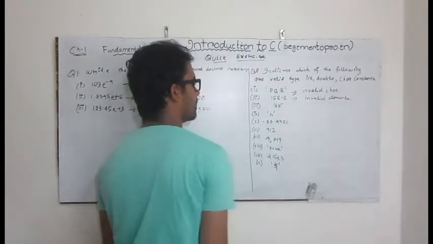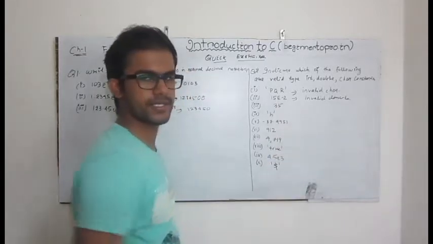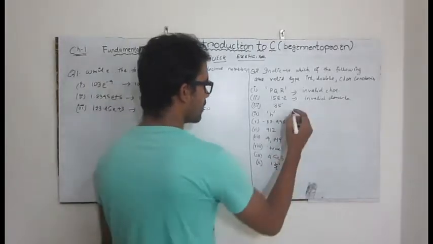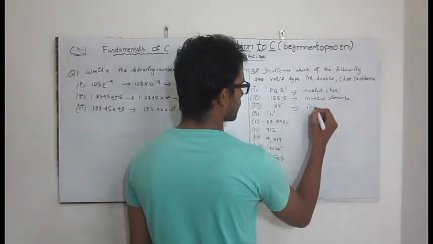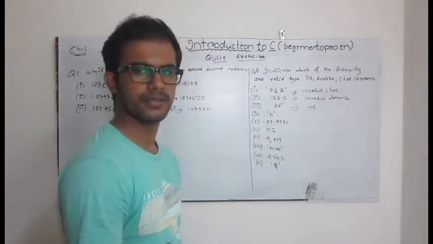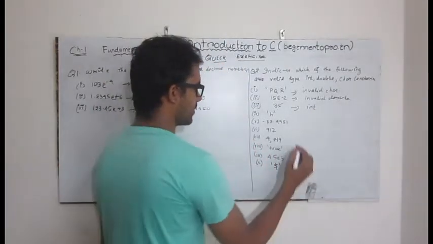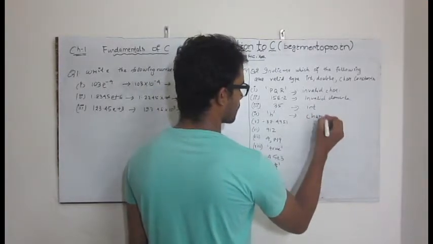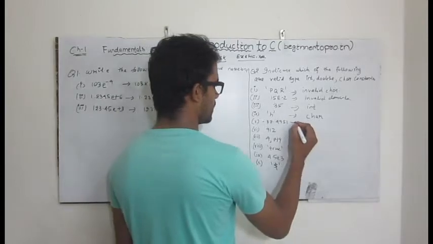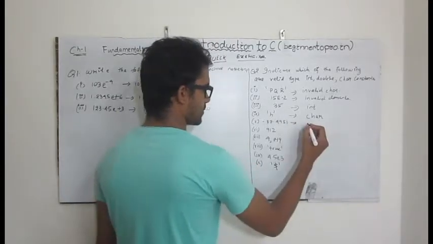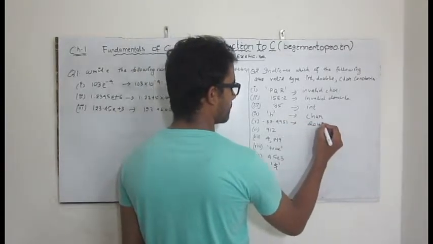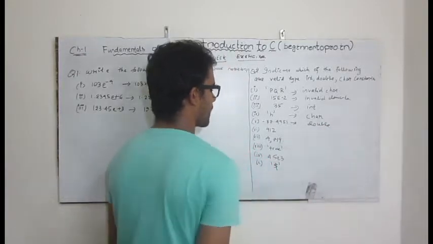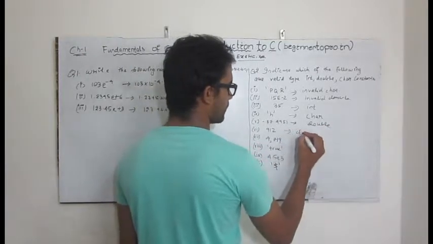Why so? Because it is written with a capital E. And it is of type integer. And here it is character, and here it is double, and here also double.